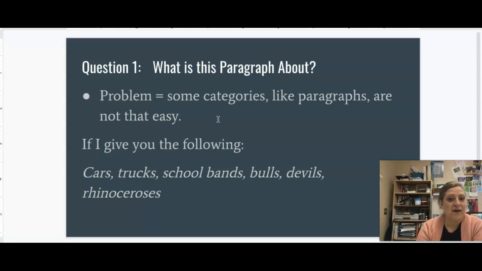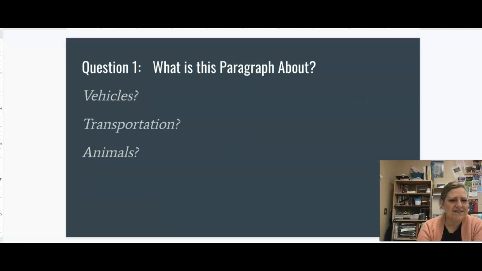So we're going to practice again. If I give you the following, cars, trucks, school bands, bulls, devils, rhinoceroses. Is it vehicles? Is it transportation? Is it animals? I actually want you to try and figure out what you think it is.